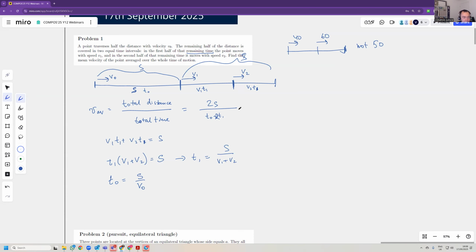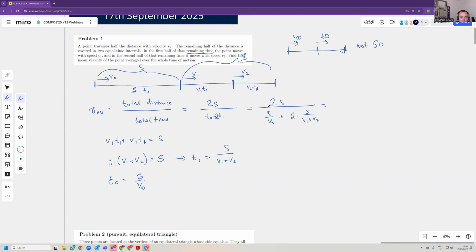And therefore, we can substitute that into the average speed. So it's going to be 2S divided by T0, which is S divided by V0, plus 2T1, so 2 times S over V1 plus V2.